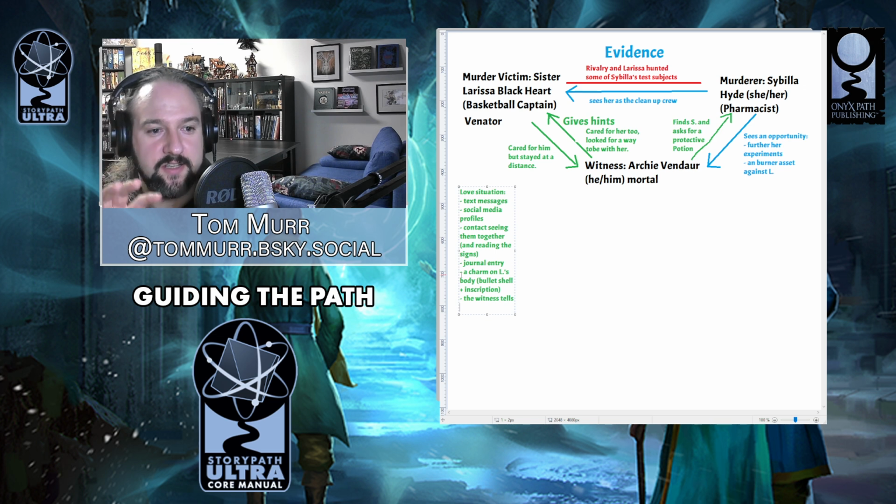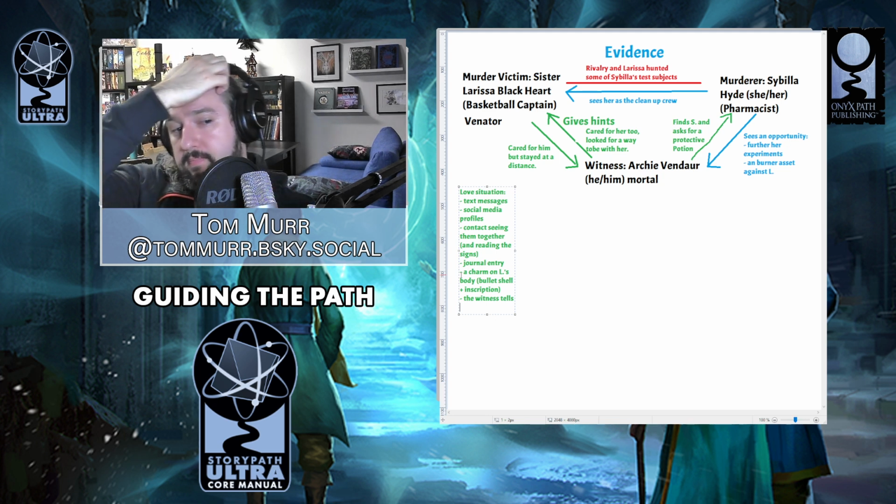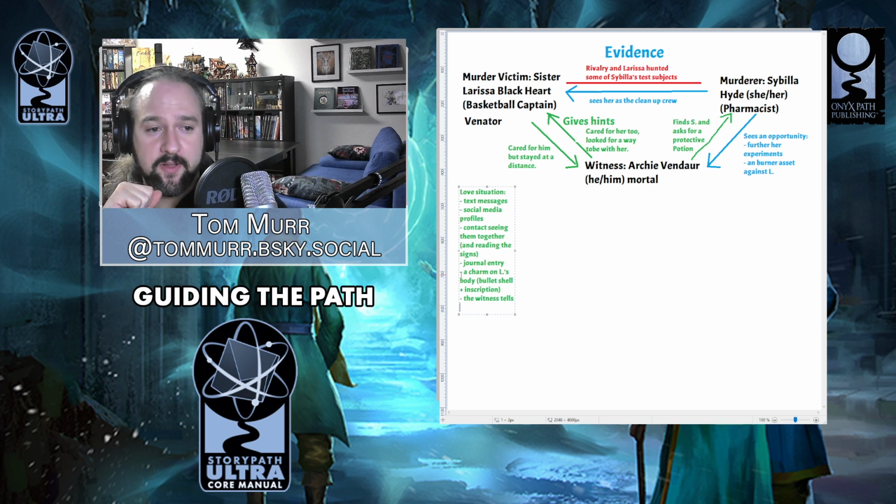And all of this is just to bring across the idea that Archie and Larissa have been actively trying to not be a couple. Why is this information useful? It helps to understand why Archie went to Sibylla in the first place.